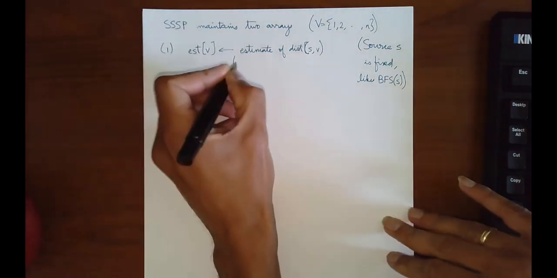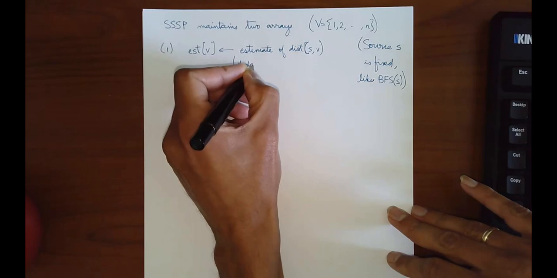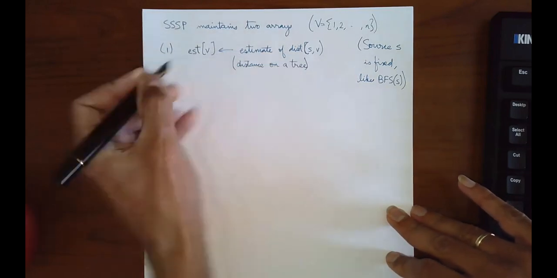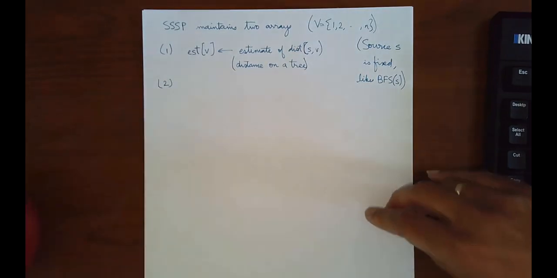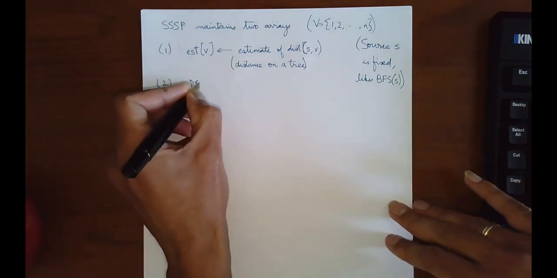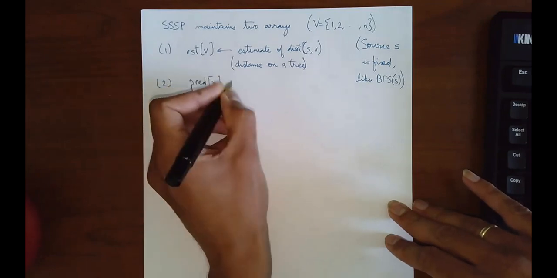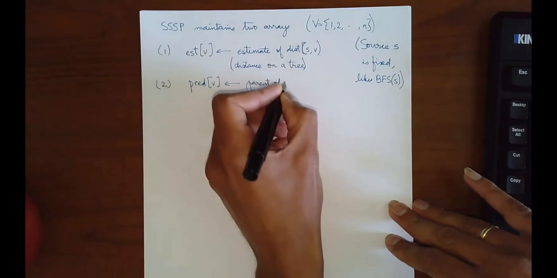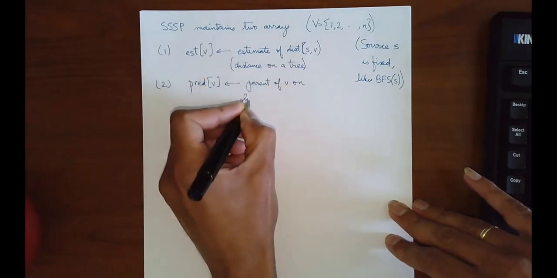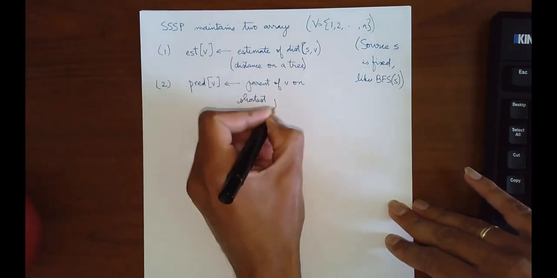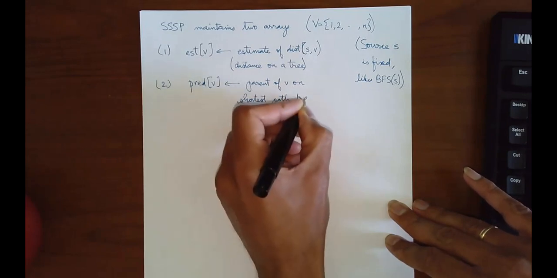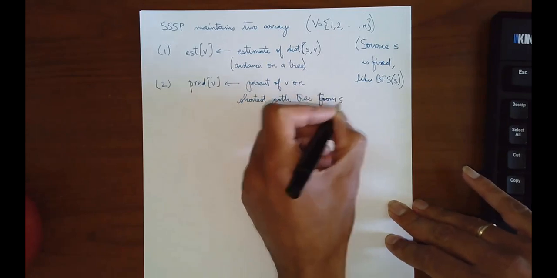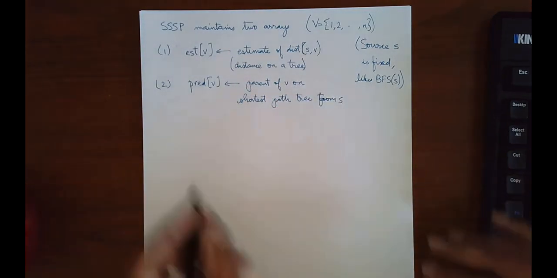And this is really going to be like the distance on a tree, just like BFS. And the second is something called the predecessor, which we know and love, which is basically the parent of V on the shortest path tree from S. Okay?